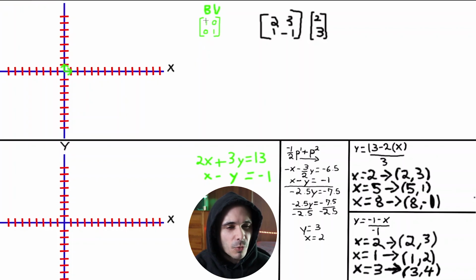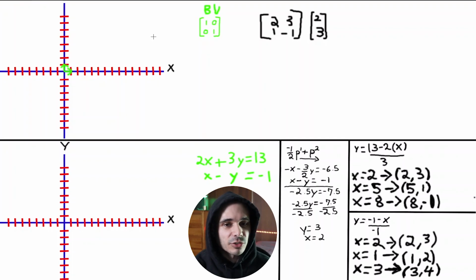If I look at the matrix transformation, we have our basis vectors: an arrow going in the x direction and an arrow going in the y direction. So that's 1, 0 and 0, 1. Usually how it works with matrix transformations is we start with the basis vectors, and then we have some other vector as the input.